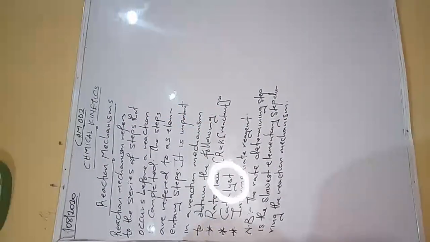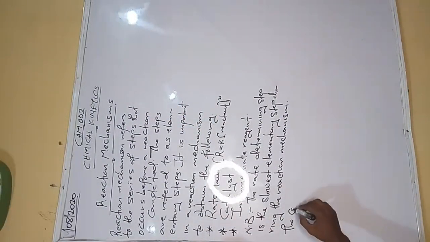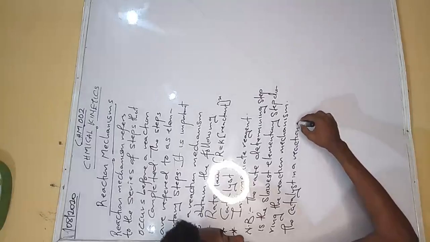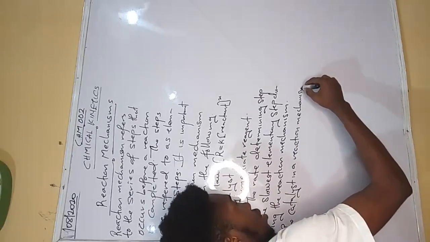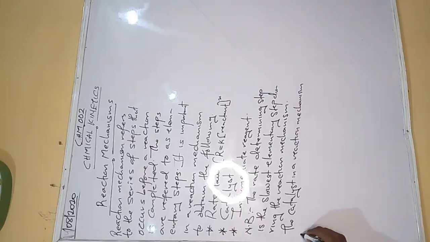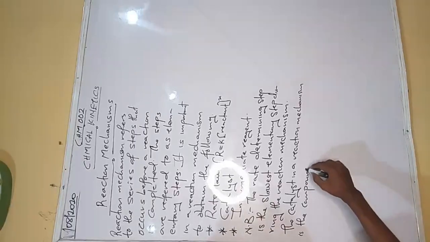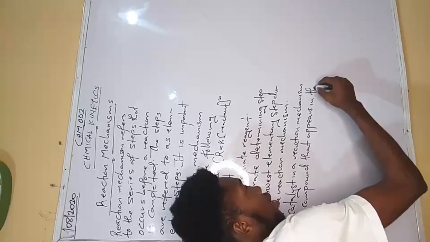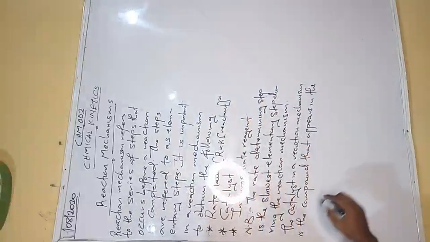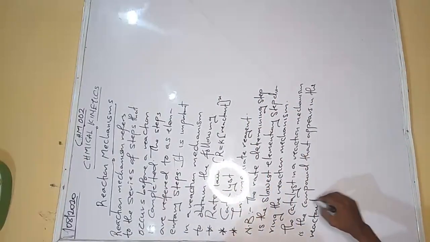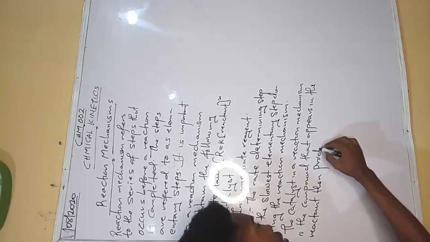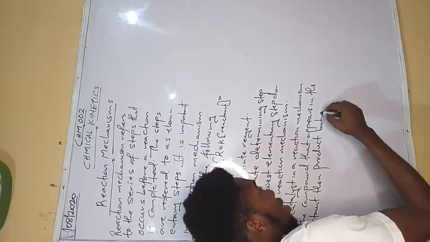So let's write it out. The catalyst in a reaction mechanism is the compound that appears in the reactant, then the product, but gets cancelled out.